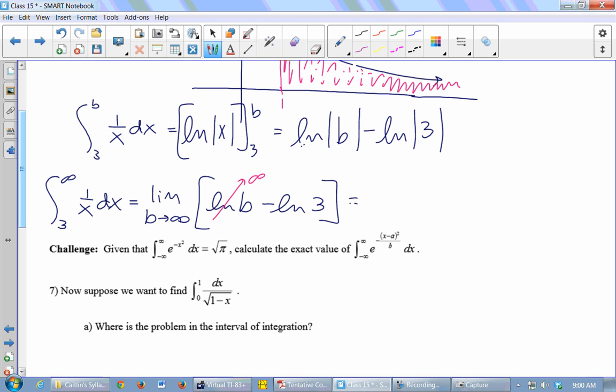So this is infinity. So the area under 1 over x from 1 to infinity is infinite. That integral diverges. Different from the area under 1 over x squared, right? That area is finite and it's 1.